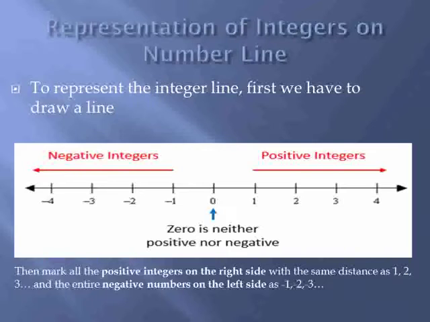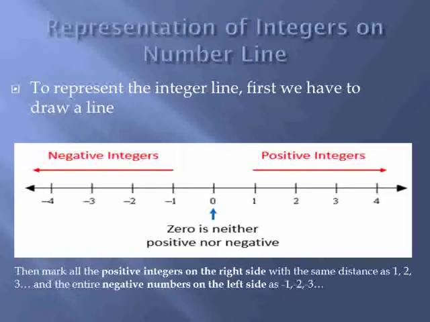Now the representation of integers on a number line. How to represent the number line? First we have to draw a line. This line shows the numbers 1, 2, 3, 4 on the right side, and on the left side minus 1, minus 2, minus 3, minus 4, and in between is 0. 0 always comes between the negative integers and the positive integers.